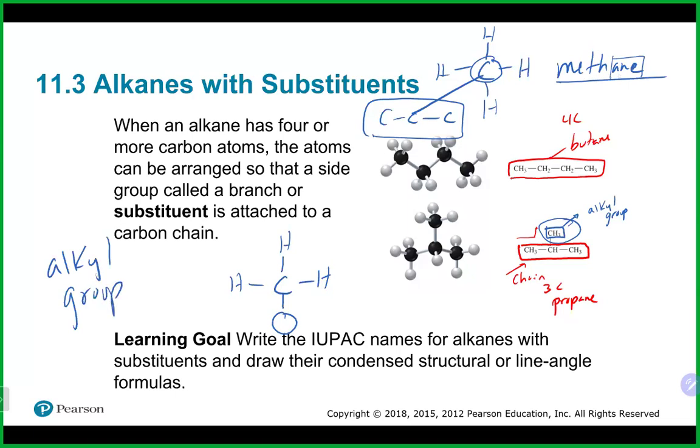And by the way, alkyl ends in YL. So instead of methane, this is what is known as a methyl group, YL, yeah? Missing 1 hydrogen from the alkane, and at that hydrogen is where it attaches. And that allows it to attach to the main long carbon chain and not have too many electrons.